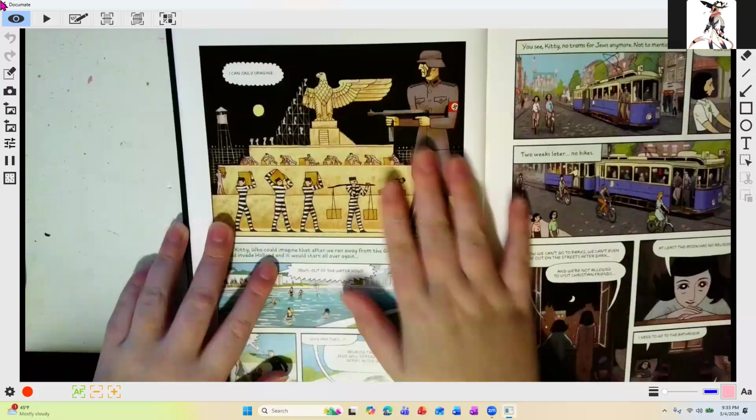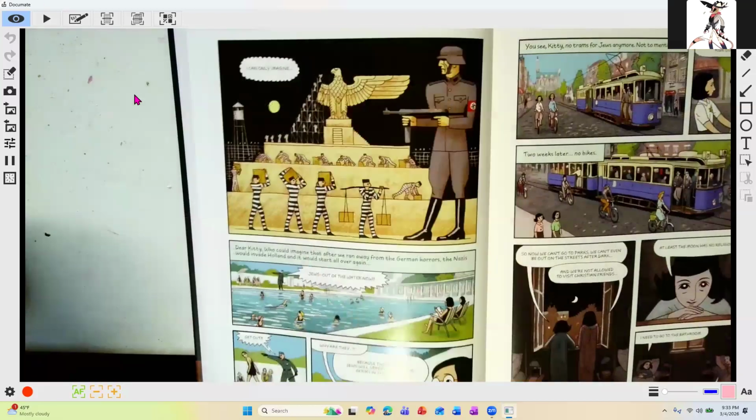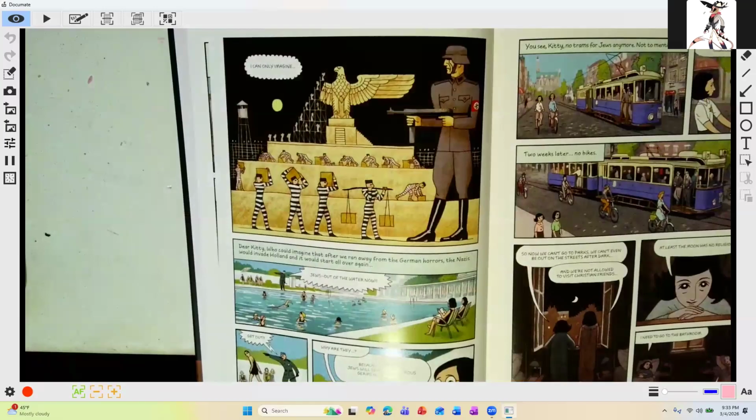So what is in the midground and foreground here? I'm gonna give you guys a second to figure out what is in the midground and what is in the foreground.